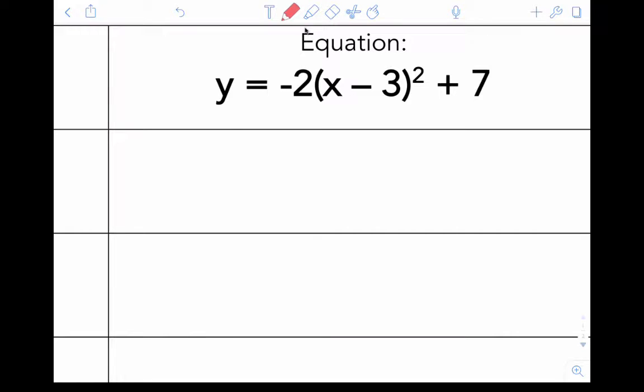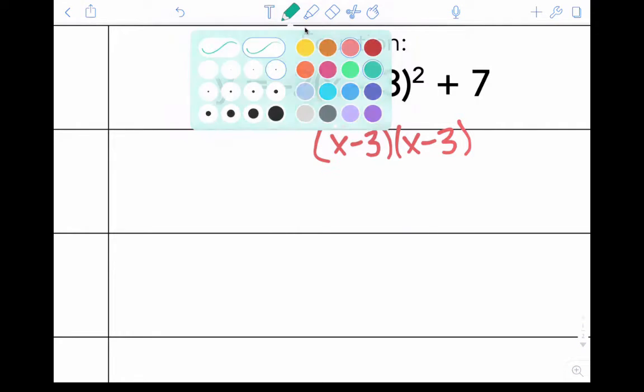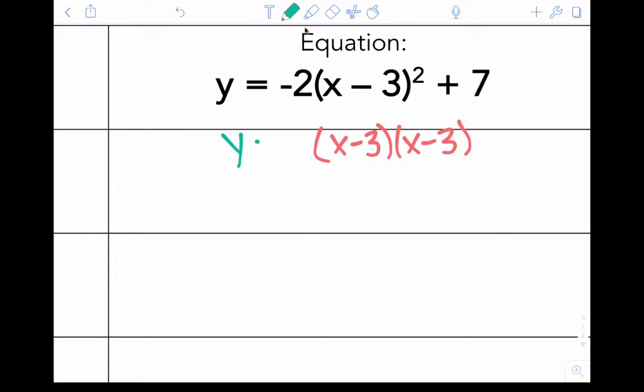Order of operations tells me I need to do my parentheses first, but I cannot simplify inside the parentheses. So next I need to do the exponent. The exponent is telling me that this is x minus 3 quantity squared, which means I'm taking x minus 3 times itself. So x minus 3 times x minus 3. And then I still have the rest of the equation over here being a part of it.